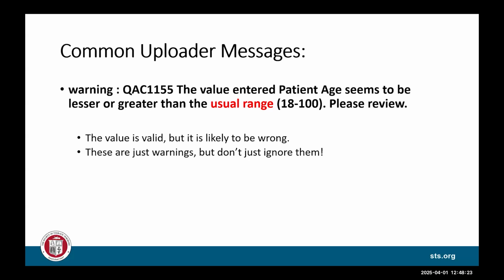Or you've done some sort of typo getting the data in. So even though this is just a warning, and it's even saying it's a valid value, just outside the usual range, you don't want to just blow it off. Do look at it closely and make sure that what you've entered is correct. It'll help us make sure that we're analyzing your data correctly. You want everything as right as possible.